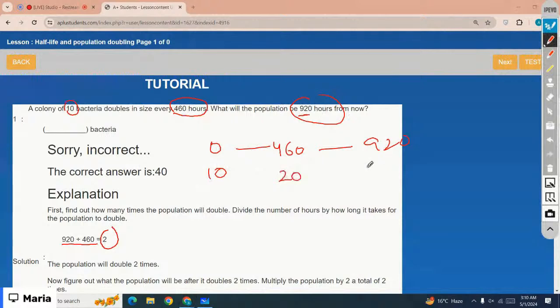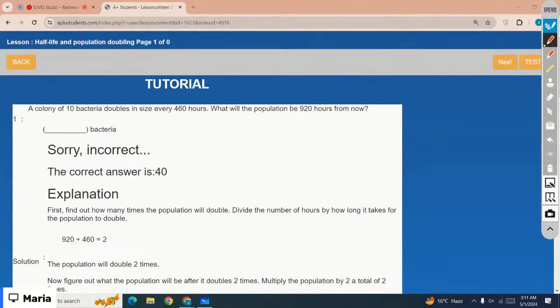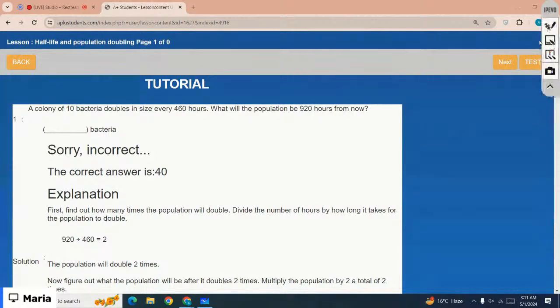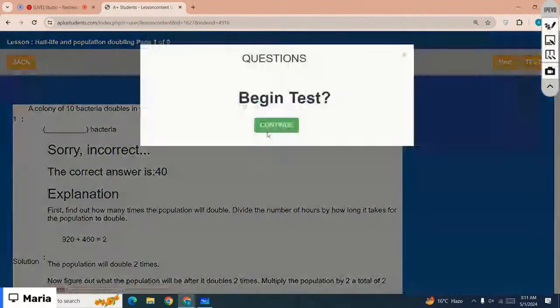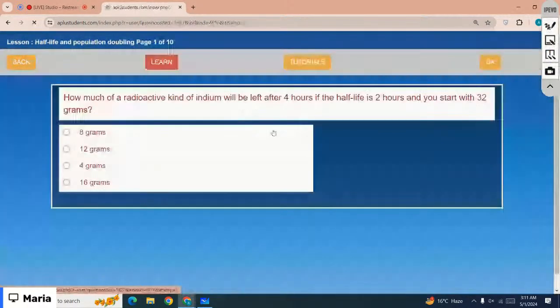Again, when it doubles after 460 hours, that would be 40. So after 920 hours, you have 40 bacteria. The correct option is 40. Let's start with the test questions. You have to see how many times they are going to double until 920 hours.